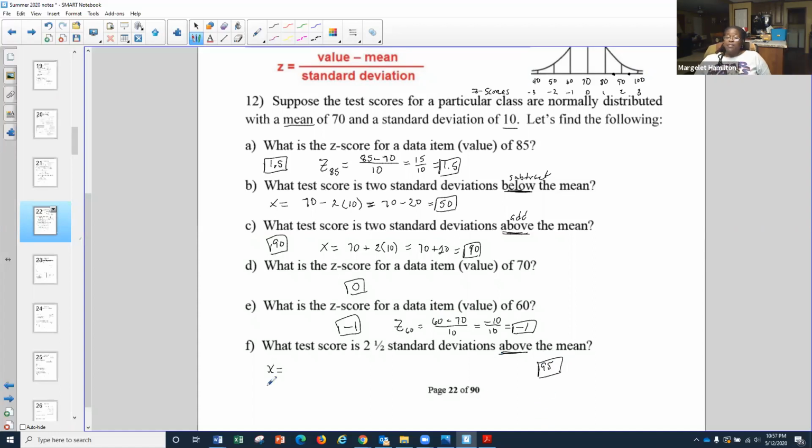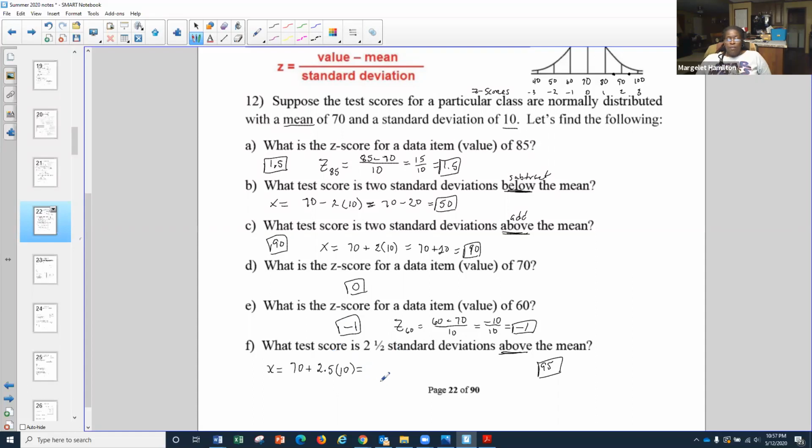Let's see if the math, the equation, verifies it. Writing our equation, the mean, which we know is 70. We're going above, so remember we got to add, plus 2.5 standard deviations. So 2, I'm going to put 0.5. This will be a little easier to put in your calculator. 0.5 times our standard deviation of 10.